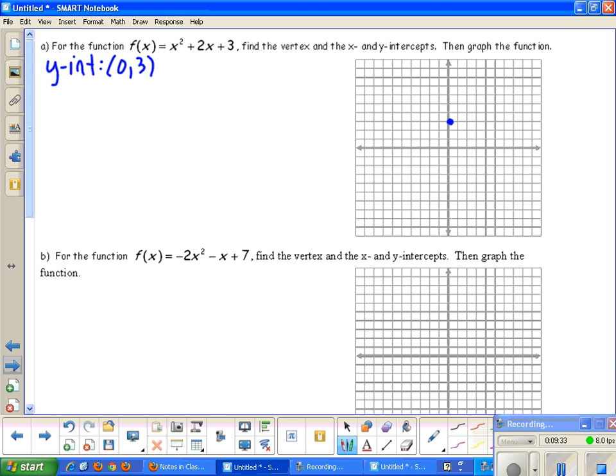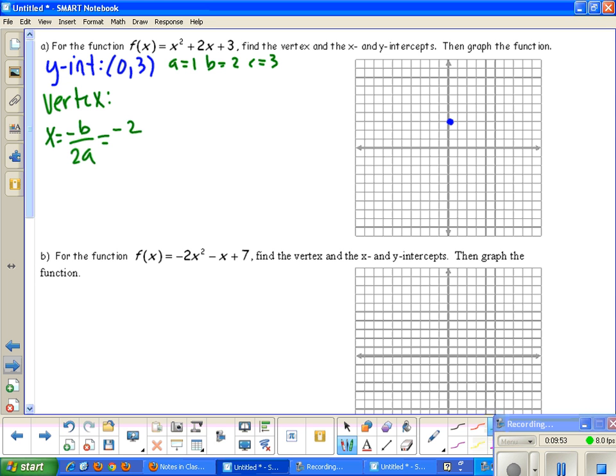And then the next thing that I want to do is find my vertex, because that's always very useful. So the vertex in this case, to find the x-coordinate, you get negative b over 2 times a. So in this case, notice your a value is 1, your b value is 2, your c value is 3.